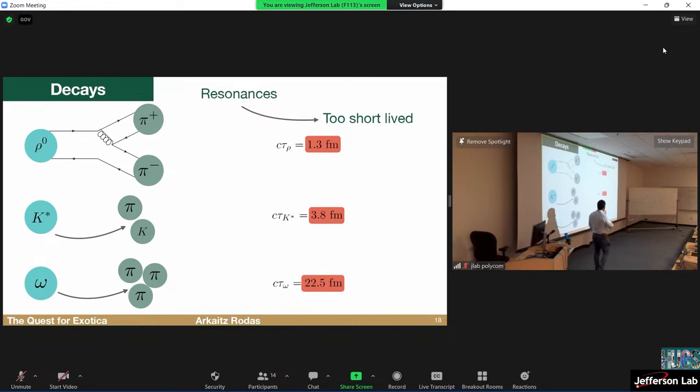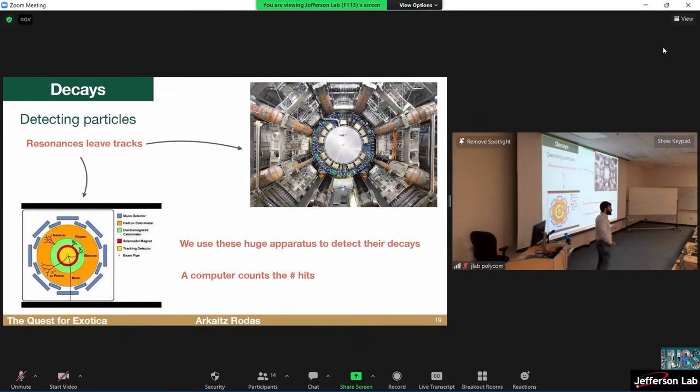Now, how do we measure these guys? How do we determine them with precision? So this is what we do here. These guys are going to decay to other particles, and so they leave tracks. So let's say that we are, I think this might be CLAS or ATLAS. If we had 2 beams of particles colliding with each other, and then they produced a rho resonance at some point inside the chamber, inside the calorimeter here, this will decay after a very short distance.